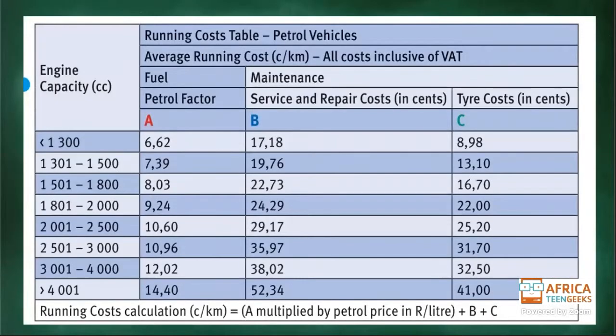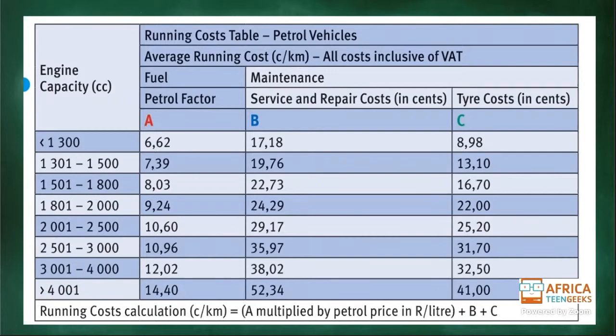Now let's study this table and look at the engine capacity. The engine capacity of a car is given on the left, and in this engine capacity column we have 1,300. That is our engine capacity. We also have the petrol factor, which I'm going to talk about a lot today.